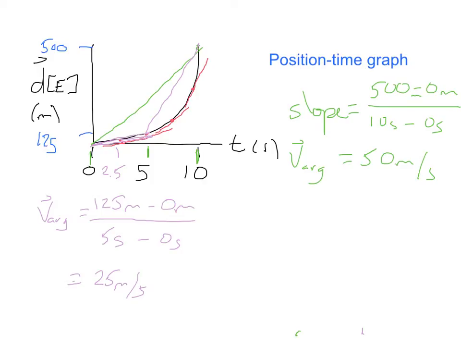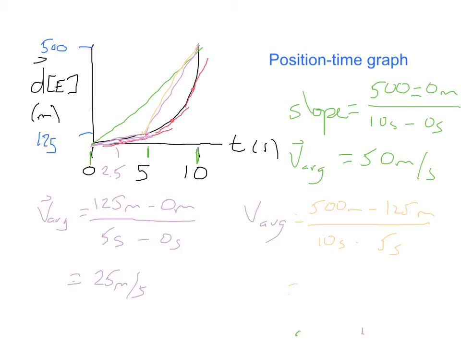So for that particular line, maybe I'll show you in a different color here to make it even more messy. This orange color. So I'm trying to solve right now for the average velocity from the 5 second to the 10 second, that beautiful straight line. The data points would be 500 meters minus 125 meters over 10 seconds minus 5 seconds.